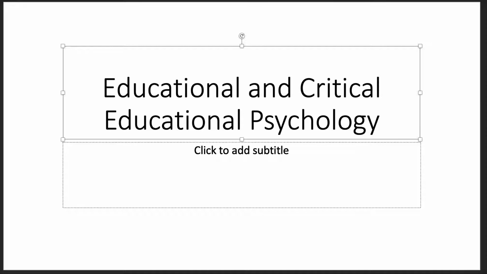So let me give an example of a critical educational psychology claim. And we could go thinking about knowing students. So a critical ed psychology claim about knowing students, if we think about function, okay, so what is the function of knowing students?